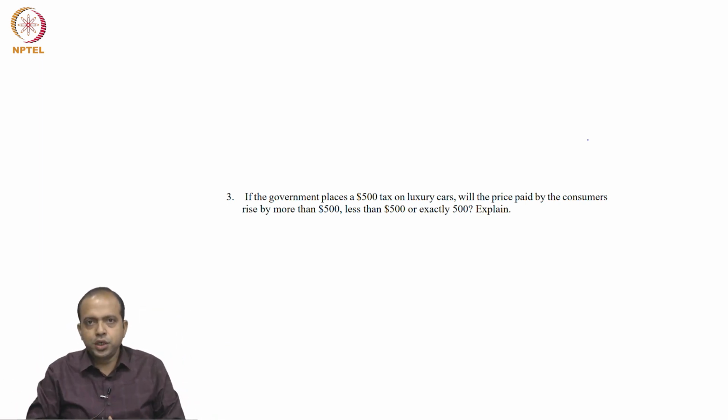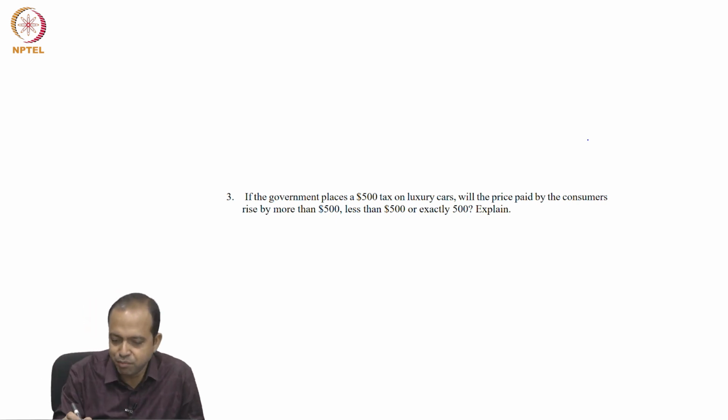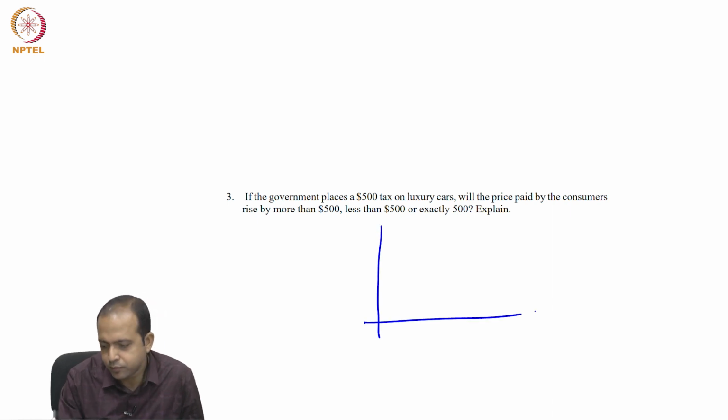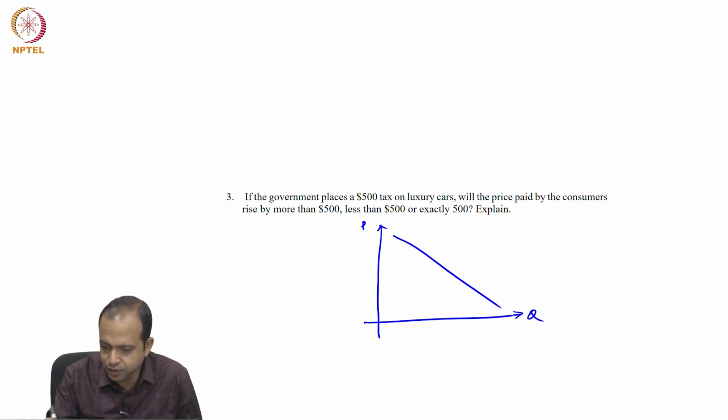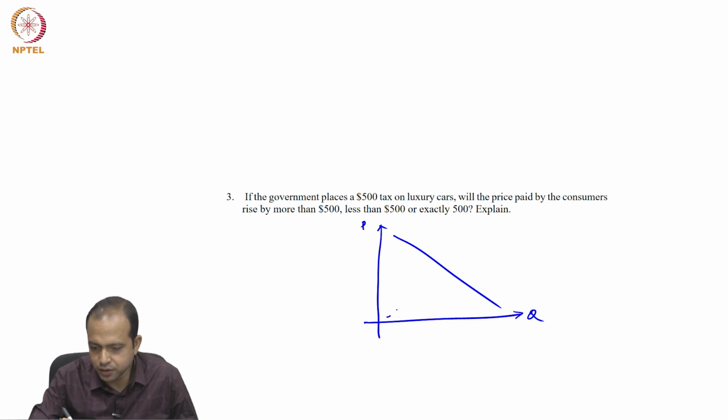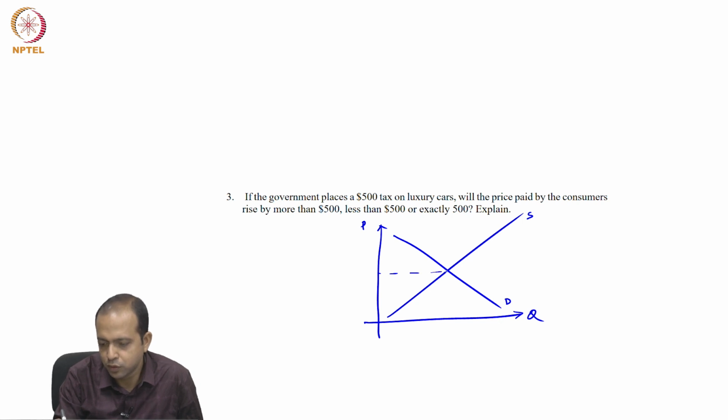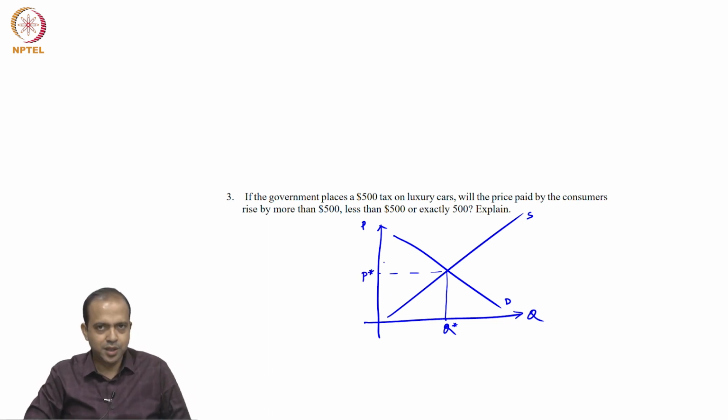Now, from the theory of taxation, what we have learned, let us say this is the demand for luxury cars, this is the supply of luxury cars, and this is the equilibrium quantity and price. If we assume that the tax is imposed on the seller, then the supply curve will shift upward.